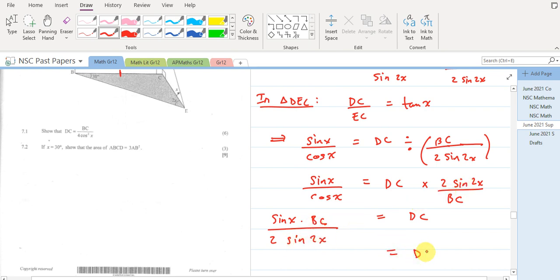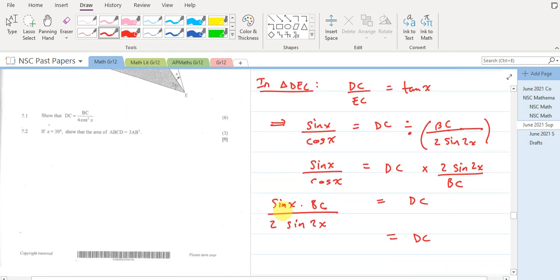So we got DC is equal to sine x times BC. I've just cross multiplied, guys, right? So I just took this BC over and I've divided by 2 sine 2x.